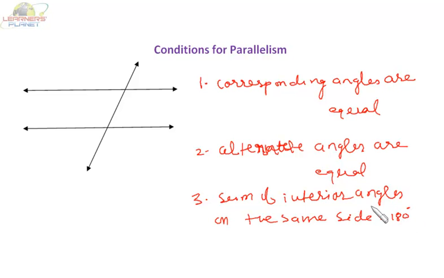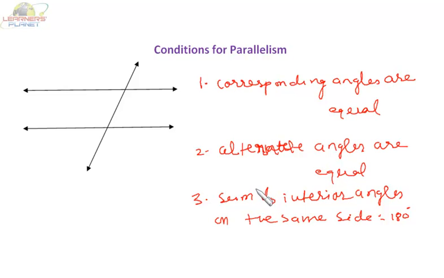Okay, if two lines are intersected by a third transversal, and simultaneously they fulfill all these three conditions, then we call these two lines parallel.